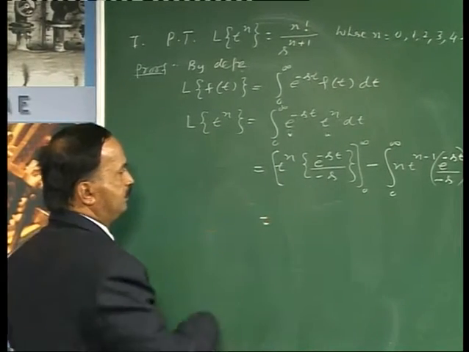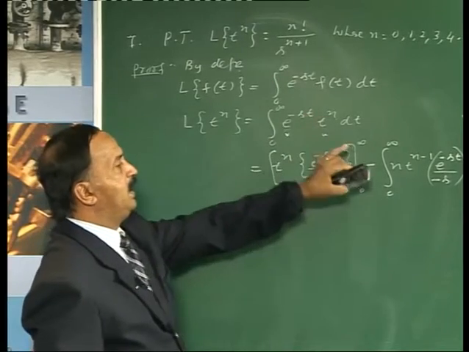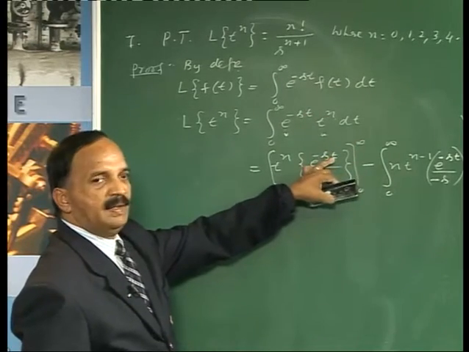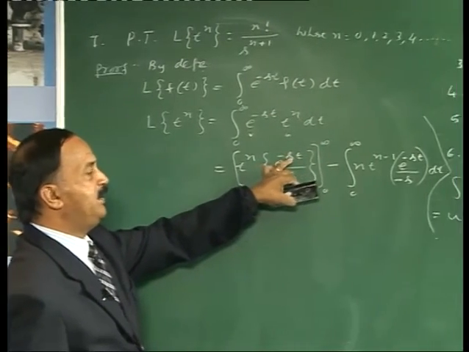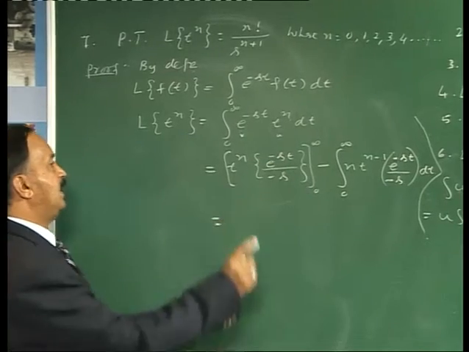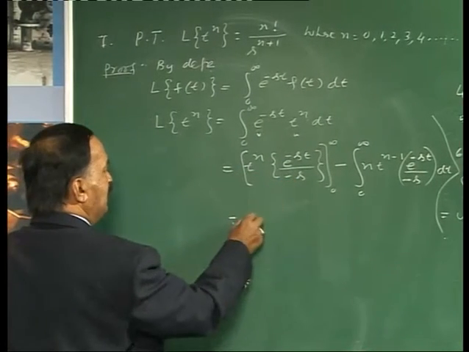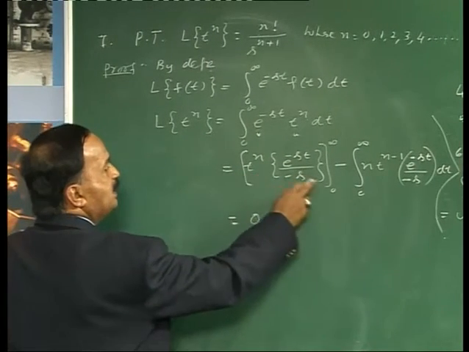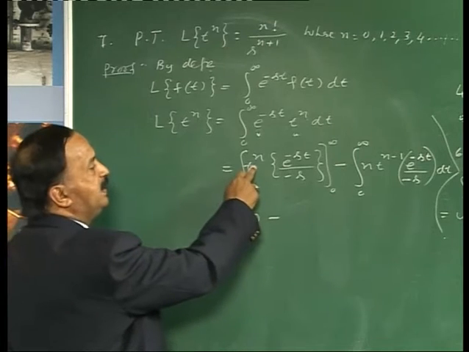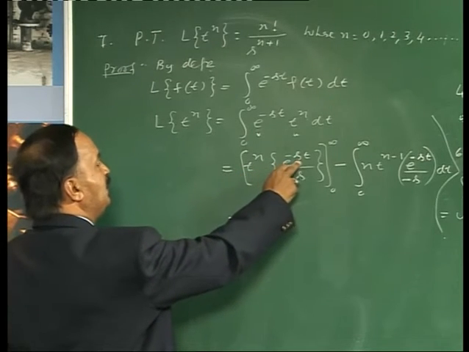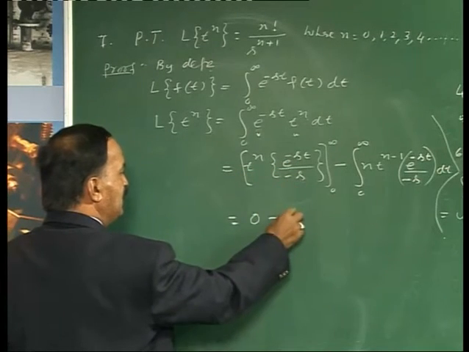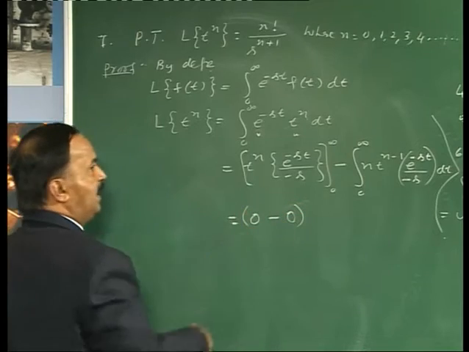That is equal to, now you put t is equal to infinity here, e to the power of minus infinity is 0, that means 0 by minus s is 0, minus put t is equal to 0 here, then this becomes 0 into 1, that is 0 by minus s is also 0.